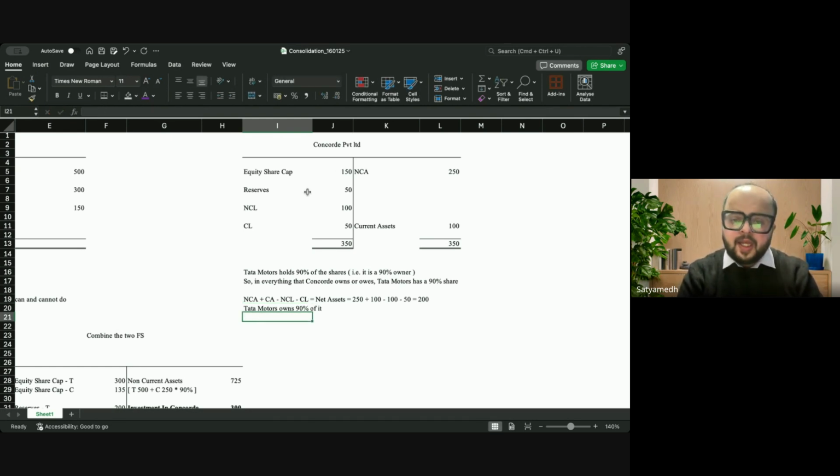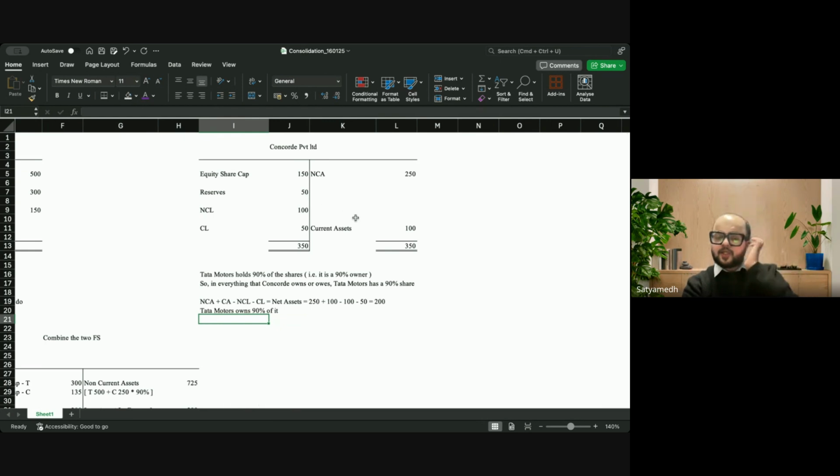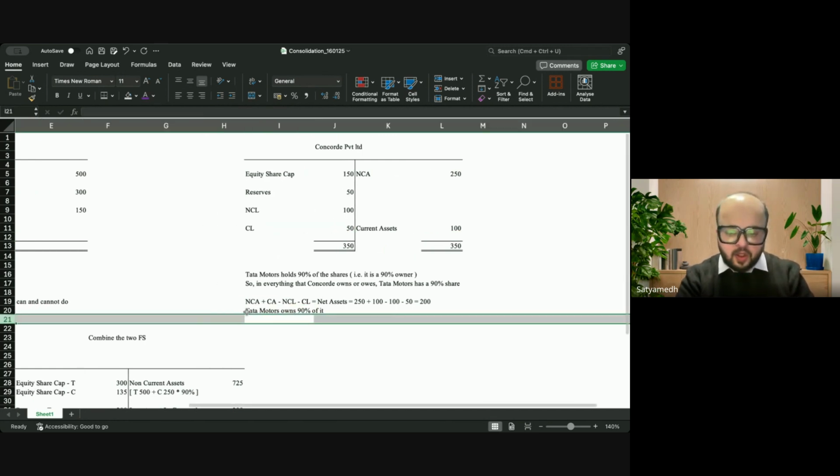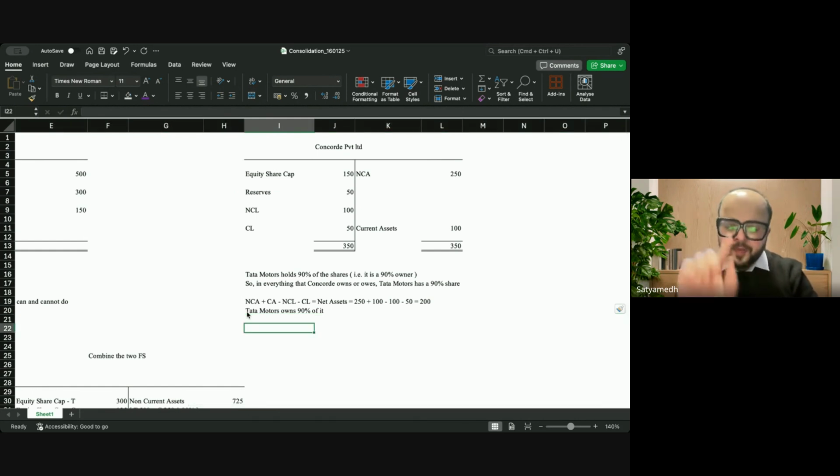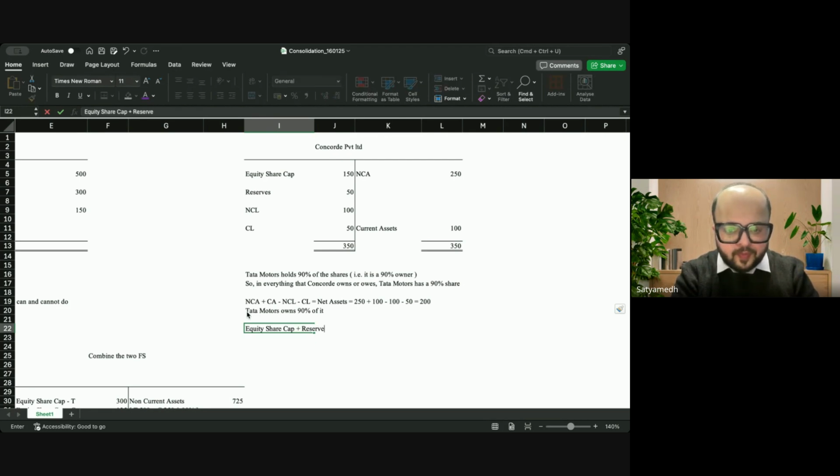Now another way of expressing net assets: one thing that you saw was total assets minus outside liabilities. Observe one more thing. If you add up equity share capital plus reserves, what will you see? You will see 150 plus 50, that is 200.